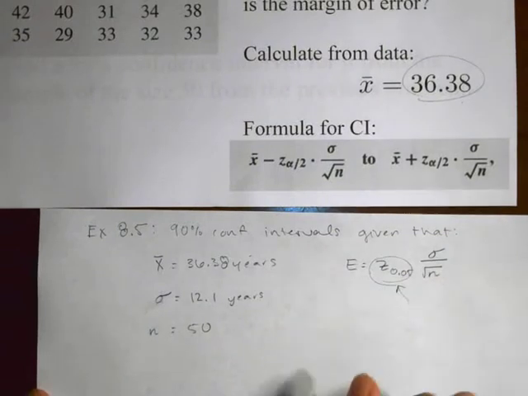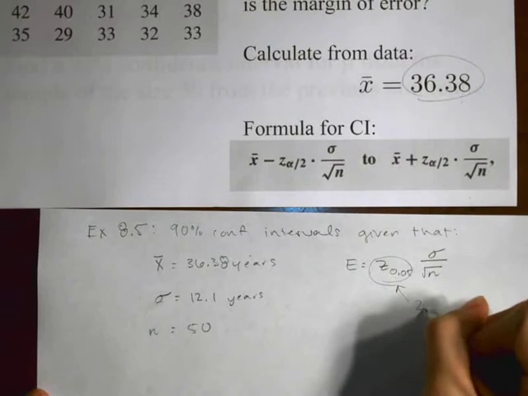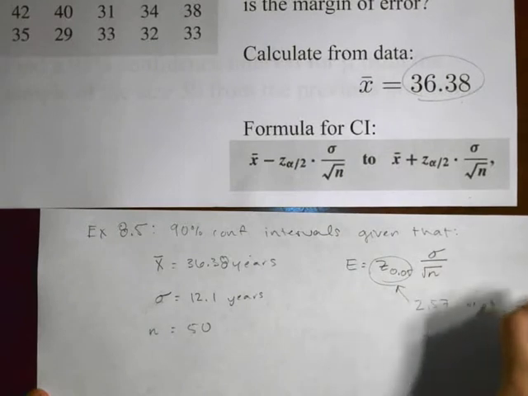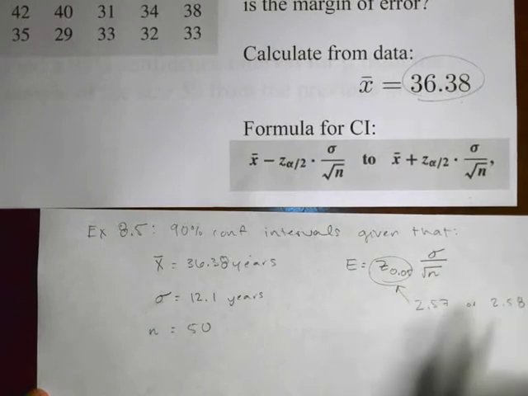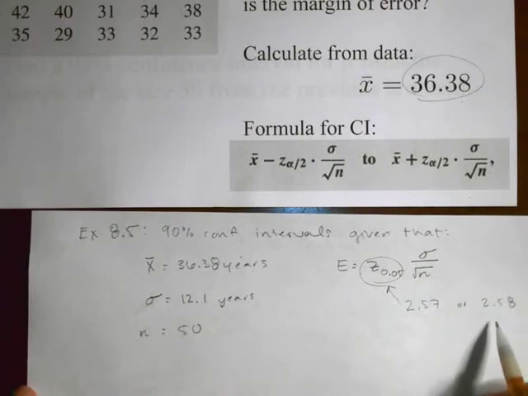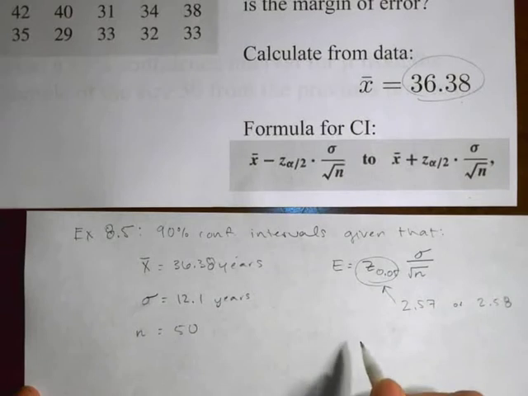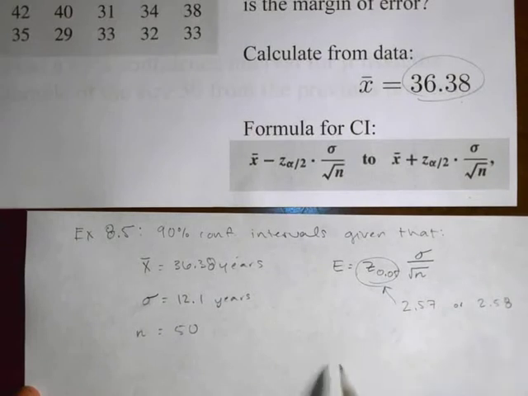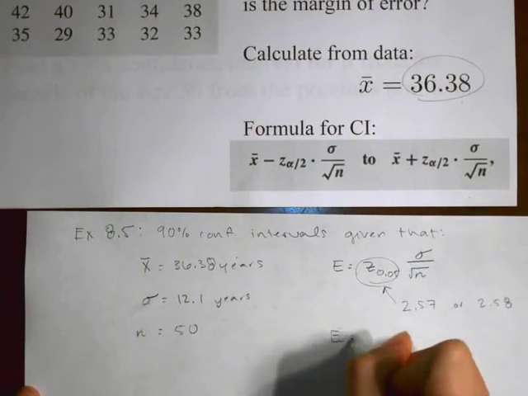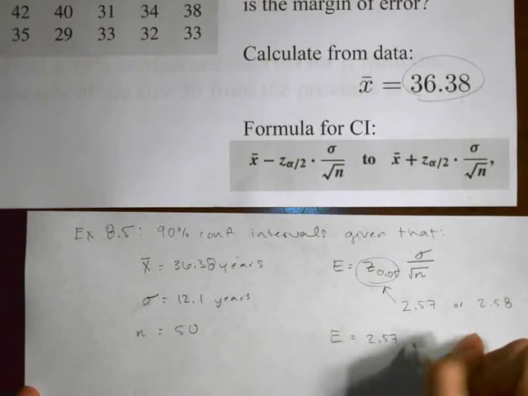So if you look up, you will find that this could either be 2.57 or 2.58. The number is kind of halfway in between these. So I'll just pick 2.57. On your homework or on your test, I'll always accept either one.